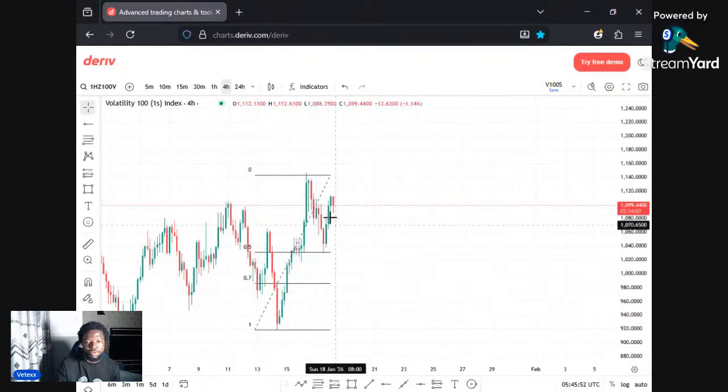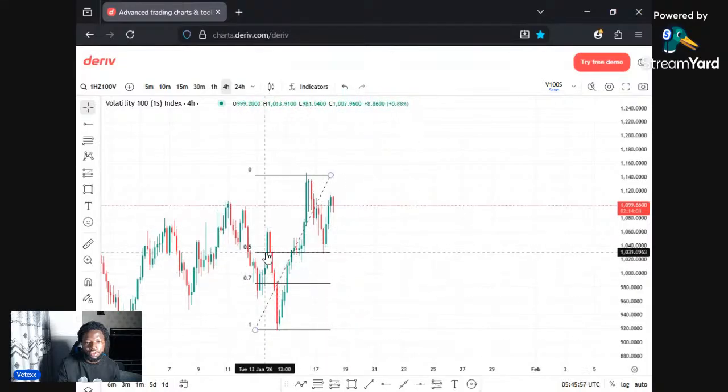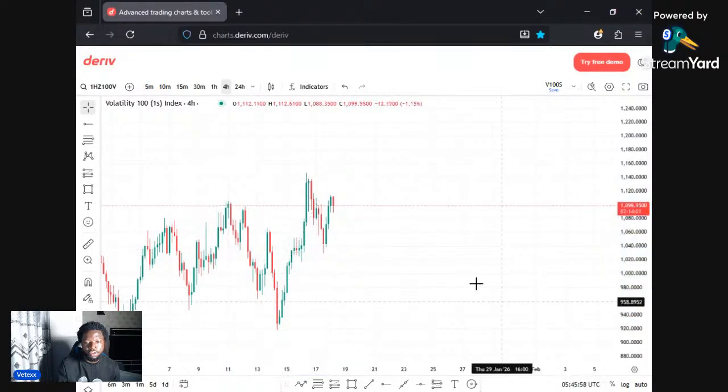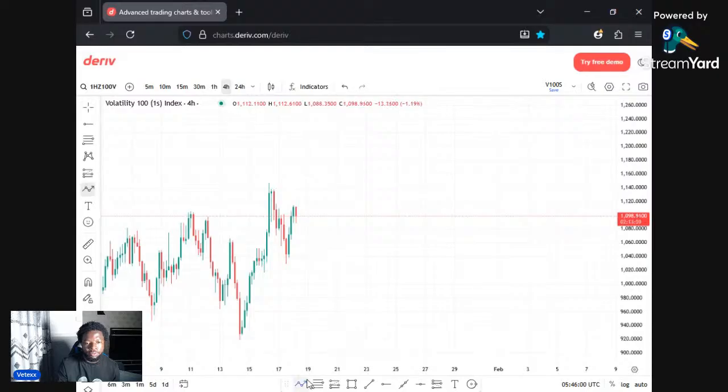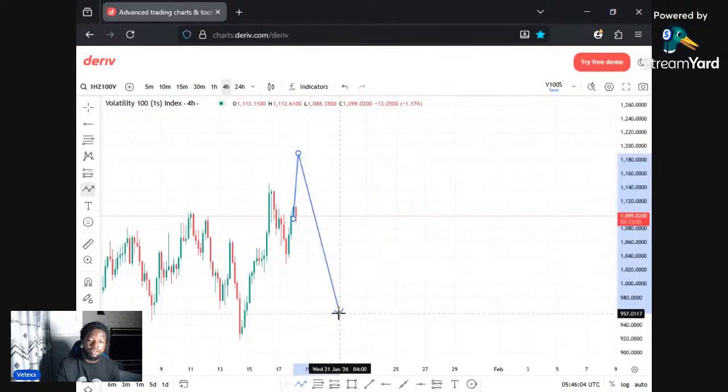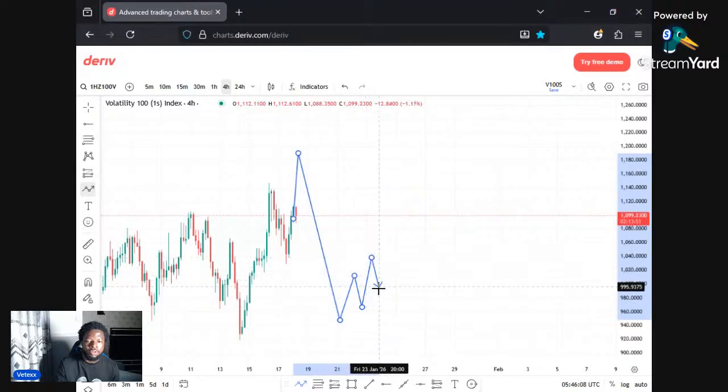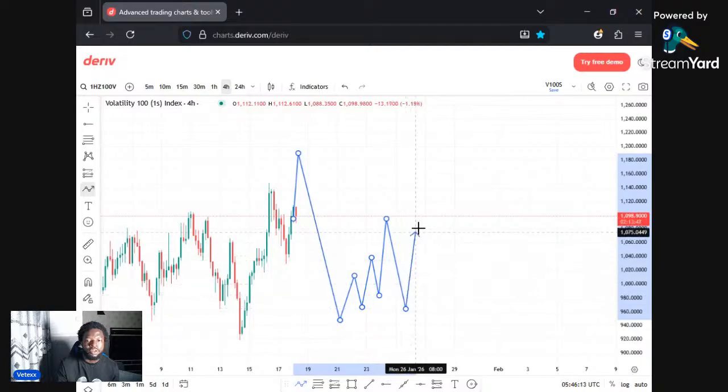This is up to 50%. The retracement, the structural liquidity, is up to 50%. So what we anticipate on V100S right now is for price to do something like this, break this place and then come back to this zone and give us a continuation on the 15 minutes time frame, so that we'll be able to take more trades on it. All right.